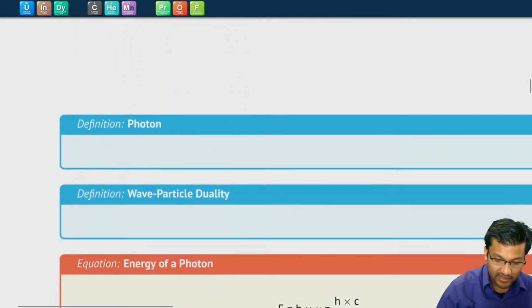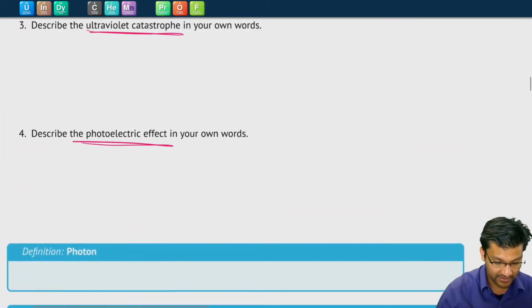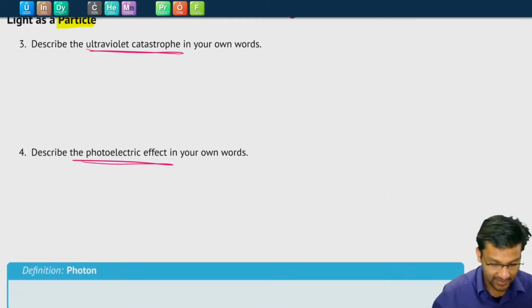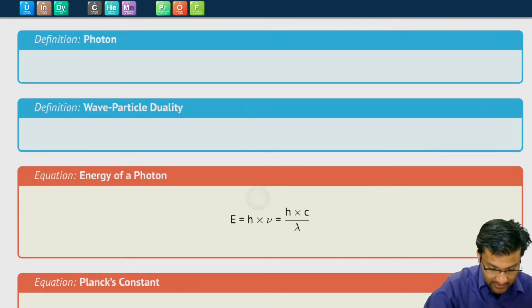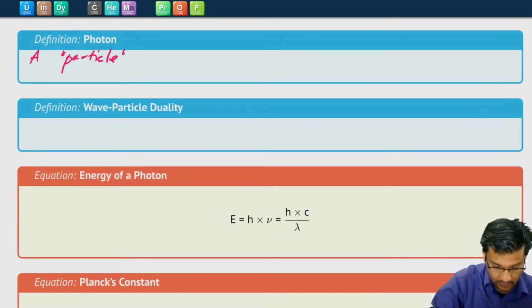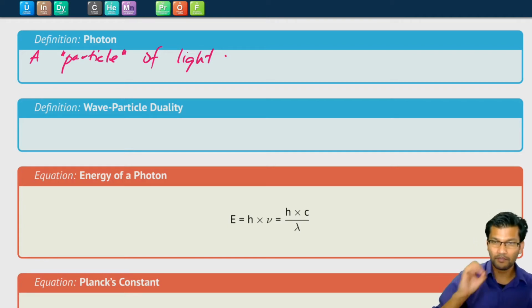These little particles of light, after we've discovered that they exist based off of the ultraviolet catastrophe and the photoelectric effect, we've come to call a photon. So a photon is simply a particle of light. You can imagine the light coming from your computer screen right now as composed of billions and billions of these tiny particles, like tiny balls shooting out of the screen and hitting your eyes.